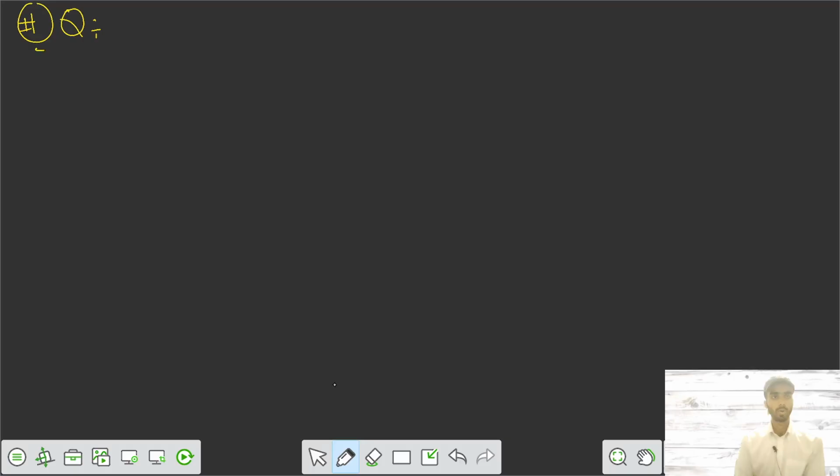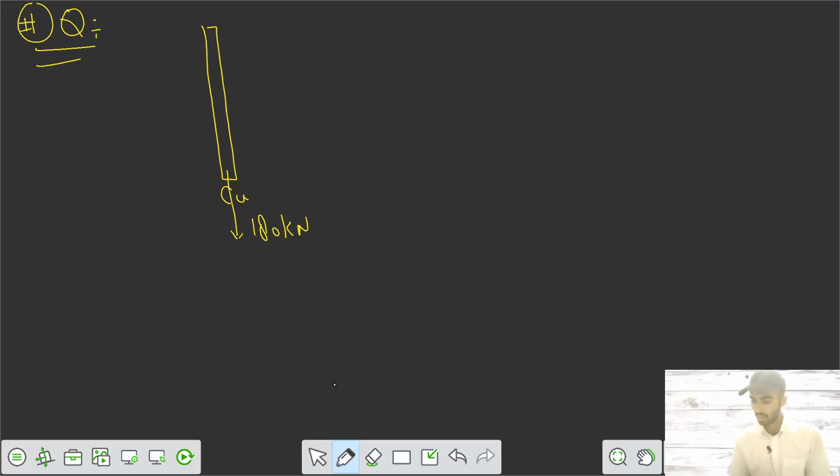Question, problem. The middle bar is of copper, and you are applying a force of 180 kilonewton, and bars 1 and 3 are of steel.